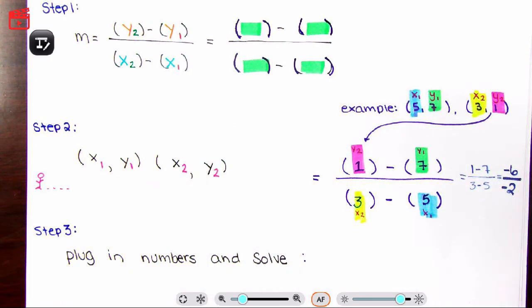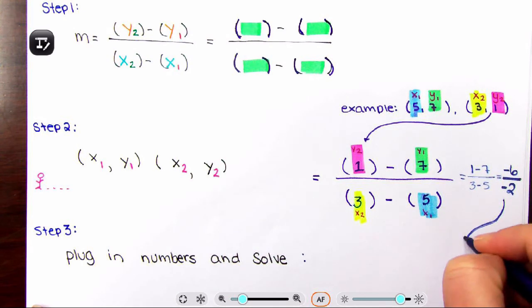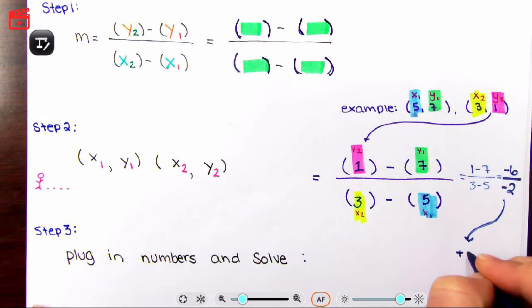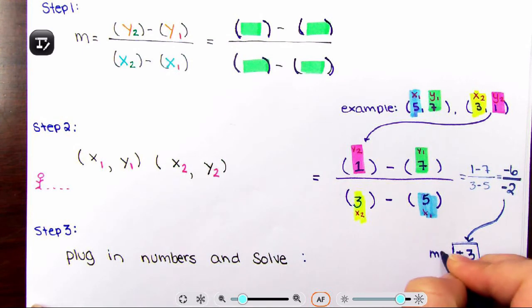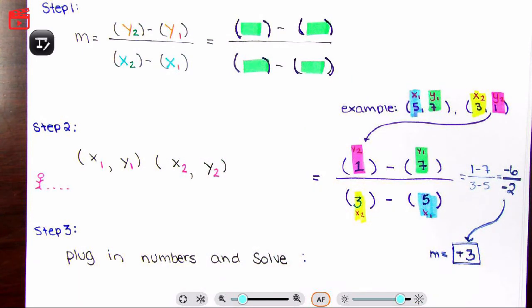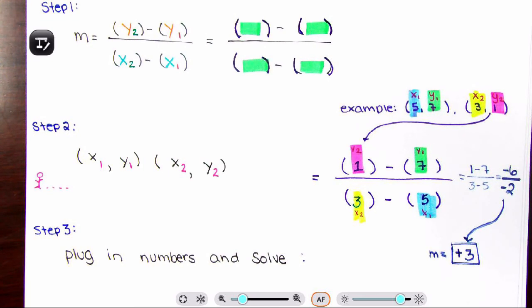So this is negative 6 divided by negative 2, which is a positive 3. So my slope, my little m slope, is positive 3. Now you can put the plus if you want or not. That's up to you. If you want to just leave it as 3, that is okay as well.